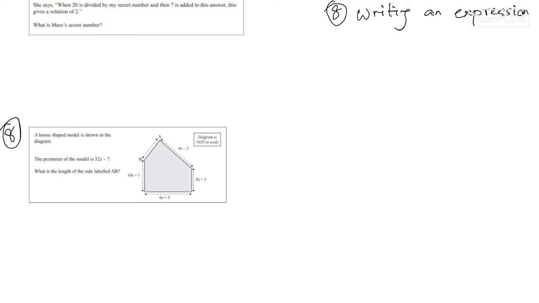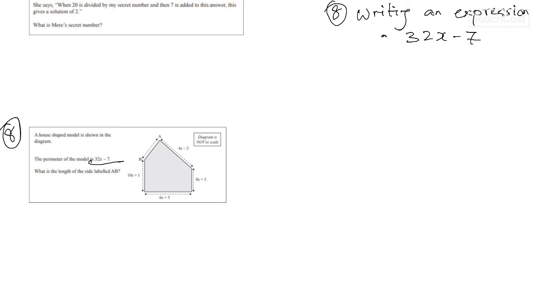But in MCAT, they do not give you that clue. Basically, they want you to investigate and figure out what skill is required. So that's one thing you need to remember for MCAT. So writing an expression, and the total value is given 32 minus 7x. So that's given.